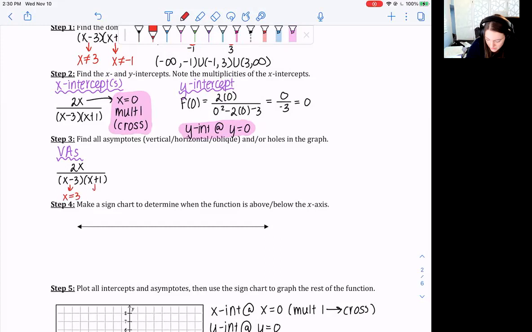So x equals 3 is going to be a vertical asymptote, and x equals -1 will be a vertical asymptote. And something to note here, the multiplicity of each of these is 1.